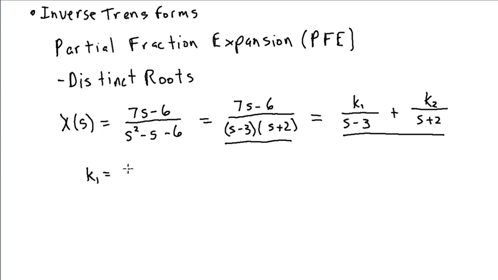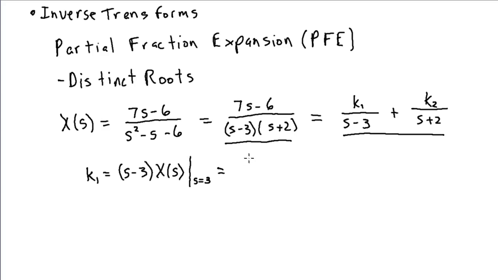So I'll multiply both sides by s minus 3 times X of s, and then I'm going to evaluate this at s equal to 3, the corresponding root of the denominator. On the left hand side, when I multiply by s minus 3, the s minus 3 term will cancel in the denominator, and then I just evaluate the rest of this expression at s equal to 3.